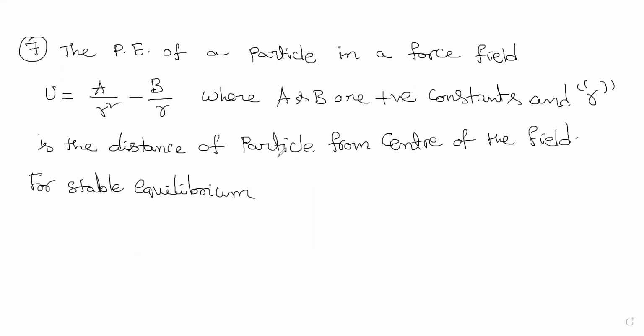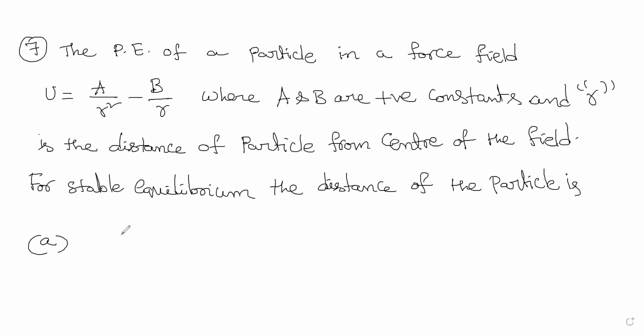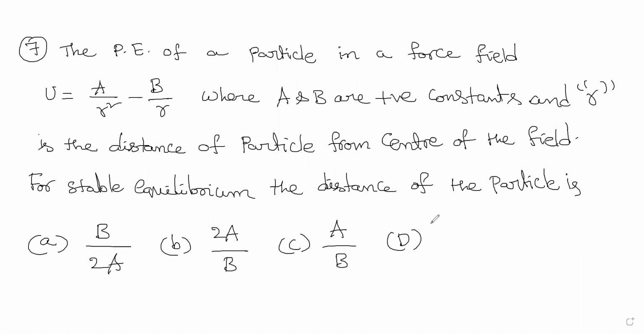For stable equilibrium, the distance of the particle is: option A, B by 2A; option B, 2A by B; option C, A by B; option D, B by A. So the answer, as usual in a different color, is 2A by B. How we arrive at this answer is what we discuss now.